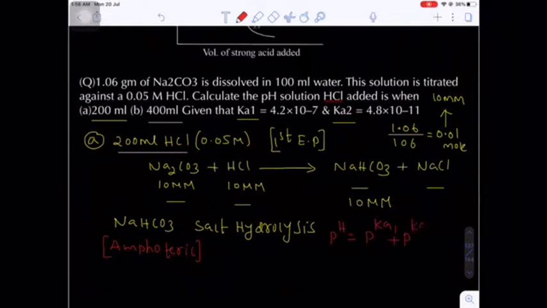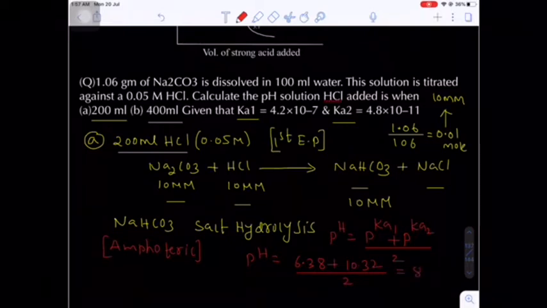In an amphoteric species, how to calculate the pH of a solution? pH is equal to pKa1 plus pKa2, whole divided by what? 2. Are you getting my point? Now here Ka1 is given, so we can find the pKa1, that is minus log Ka1, that is equal to 6.38, and Ka2 is given.